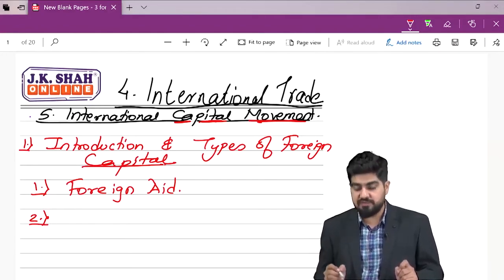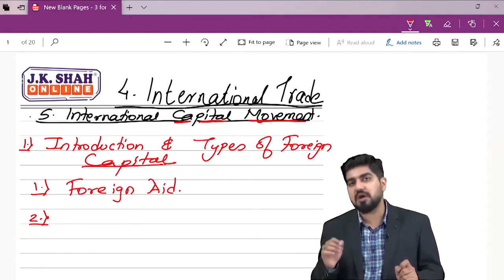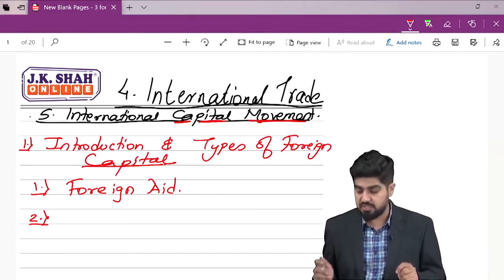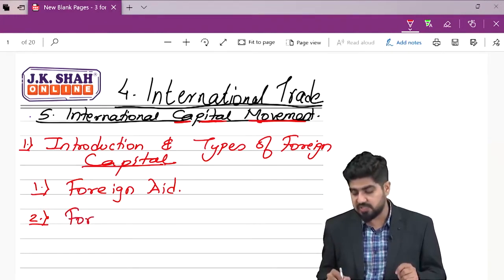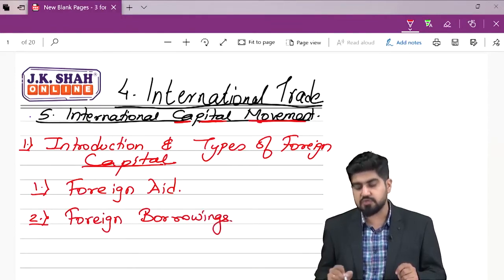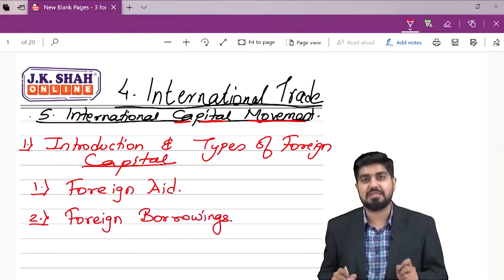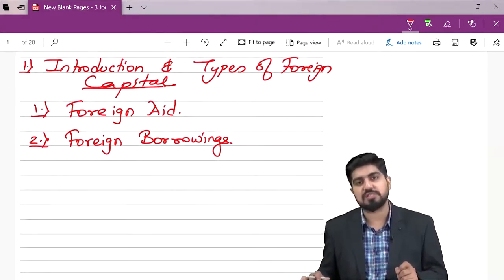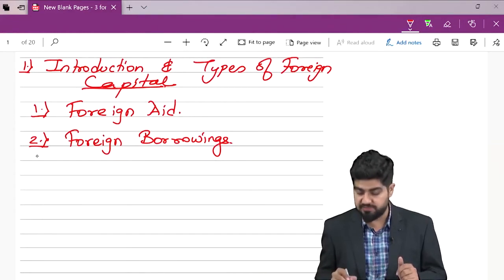Similarly, if let's suppose we are borrowing the money from some other country or some other institution, then it will be called as foreign borrowings. So first one is foreign aid, that is help. Next one is foreign borrowings, it is nothing but loans.